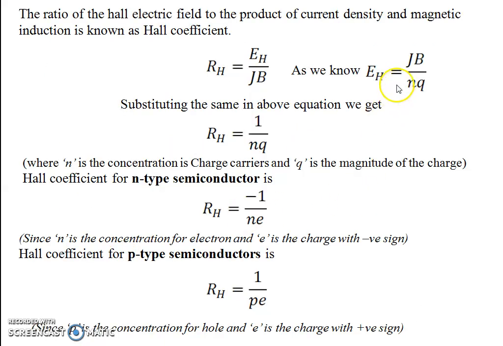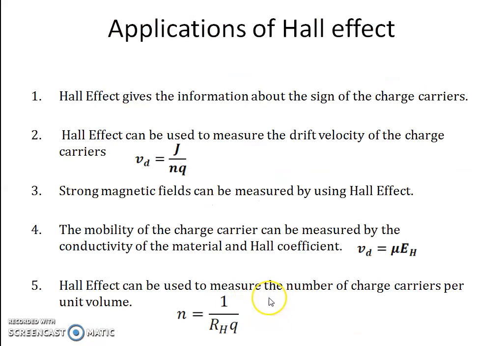If you substitute this here, R_H is 1 by NQ, where N is the charge carrier concentration and Q is the magnitude of the charge. For an N-type semiconductor, n is the concentration of electrons and e is the charge of the electron with a negative sign, so you have negative 1 by ne. And for P-type, 1 by pe, where p is the concentration of holes and e is the charge of the holes.